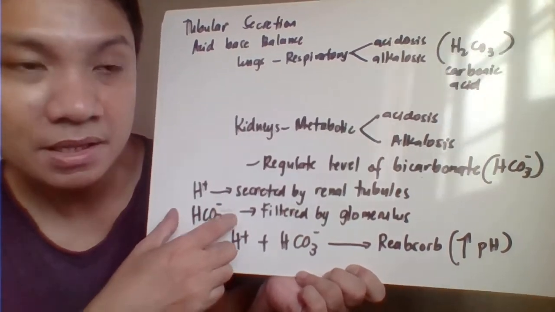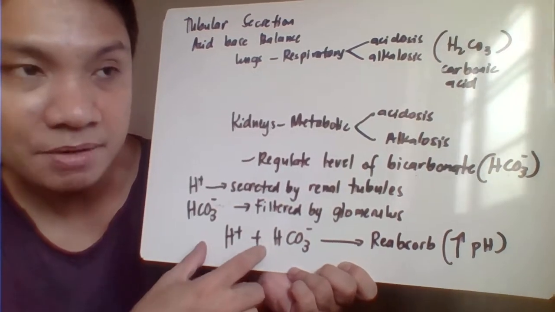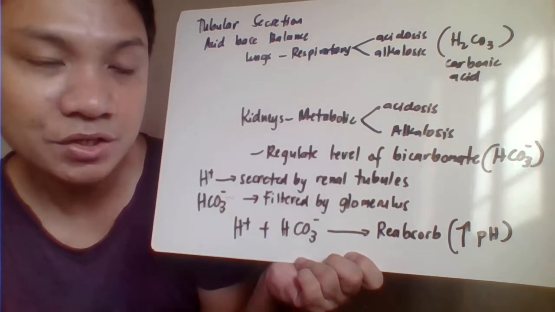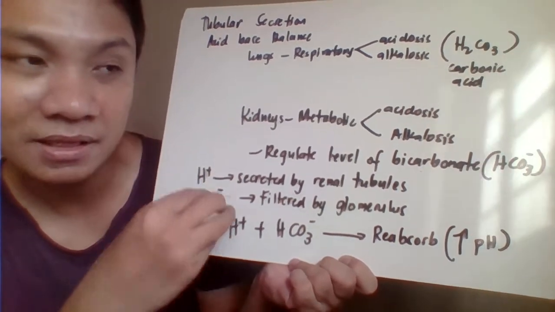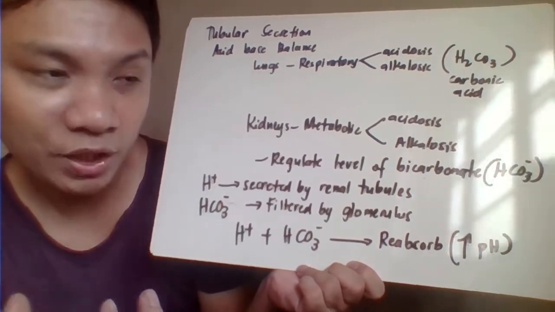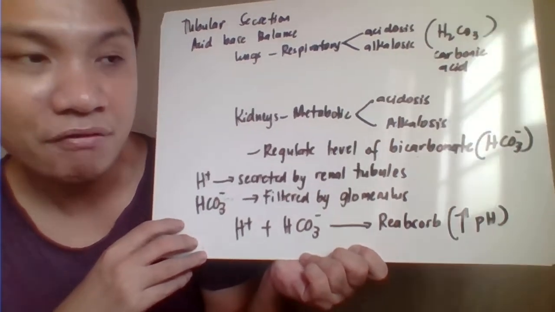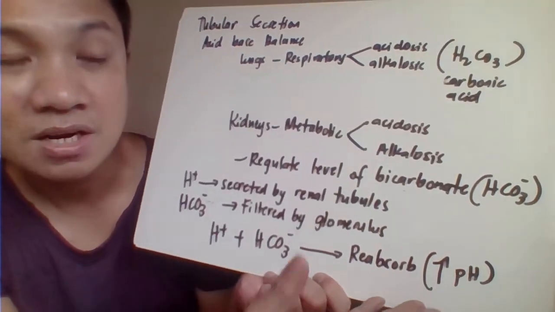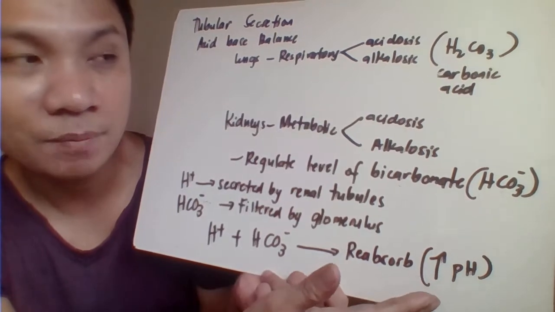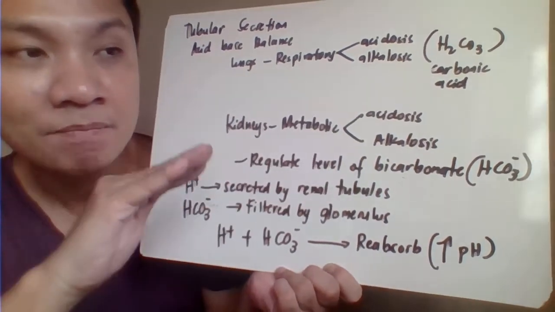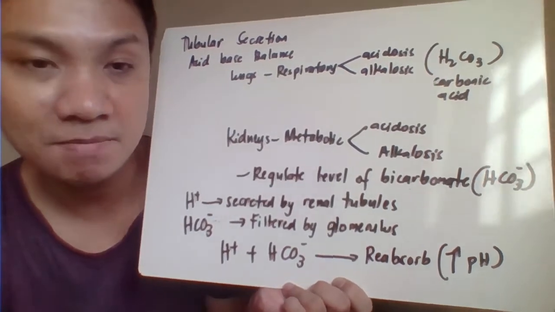Hydrogen ions secreted by the renal tubules combine with the filtered bicarbonate to form carbonic acid. Then it dissociates to bicarbonate again and hydrogen. It enables you to reabsorb the bicarbonate, therefore increasing the blood pH. Since acidosis ito, pupunta siya sa 7.4 na normal na blood pH.